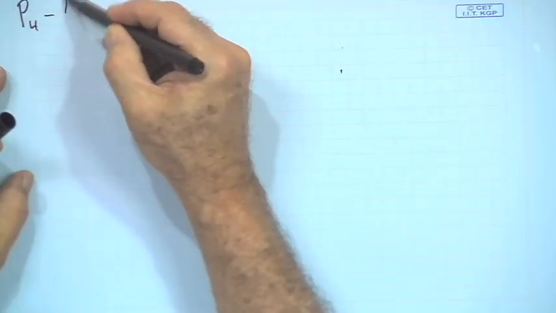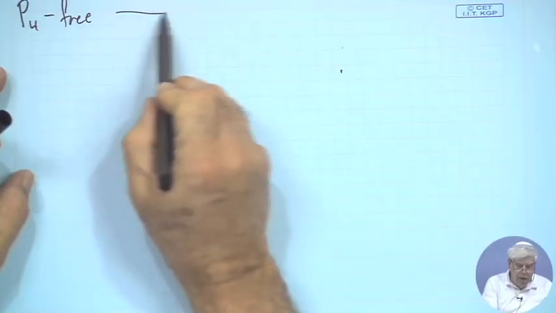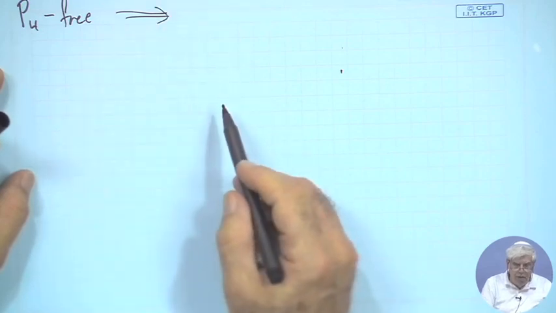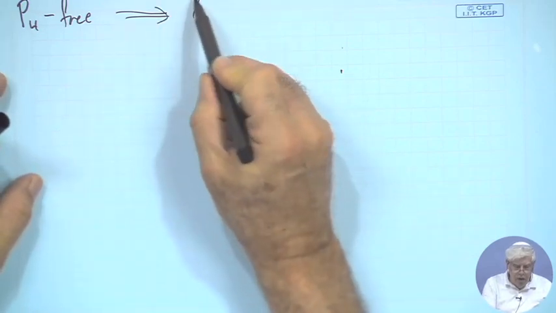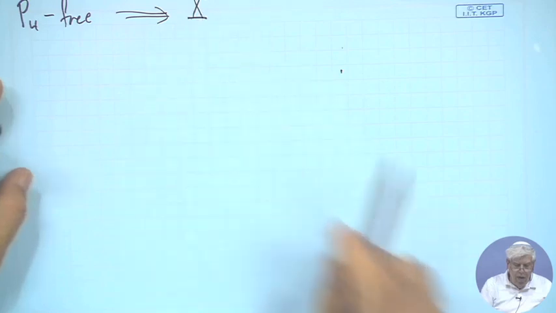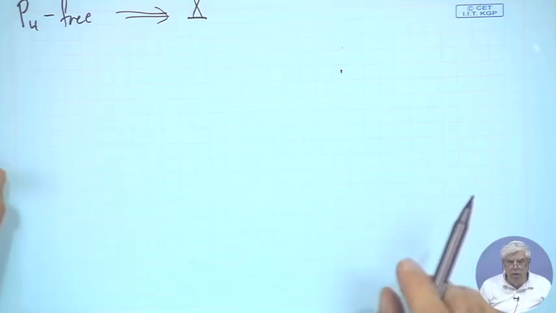Now let's go on to the next implication. Suppose the graph is P4-free. I want to prove that this last condition holds.